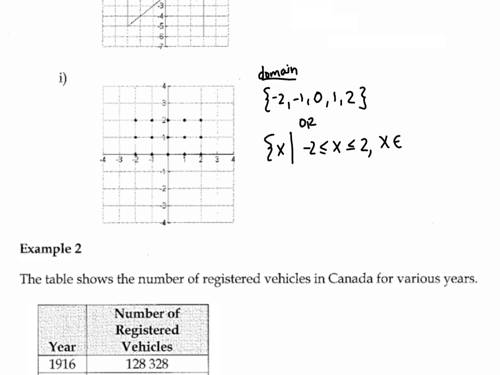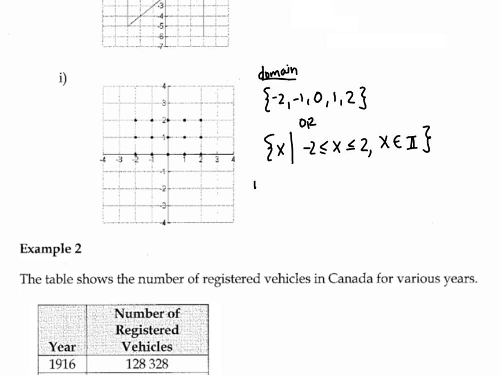Integers. You could also write it that way because it includes all the integers between -2 and 2. And integers don't include decimals or fractions. It's only those discrete points. So both of these are okay for your domain.